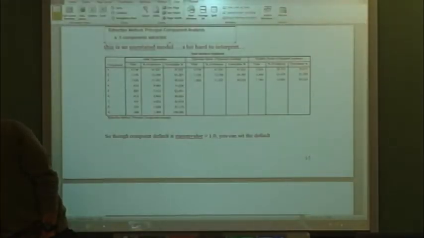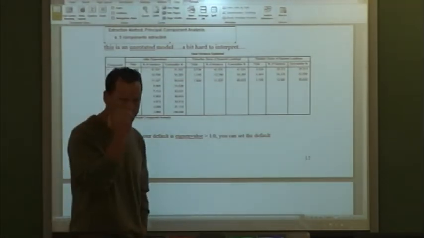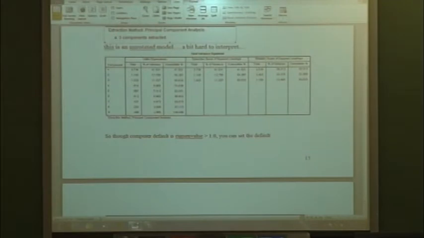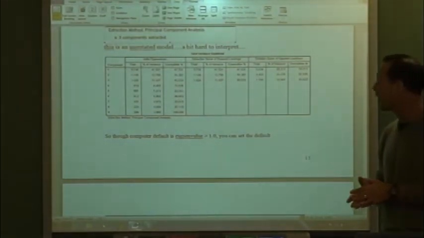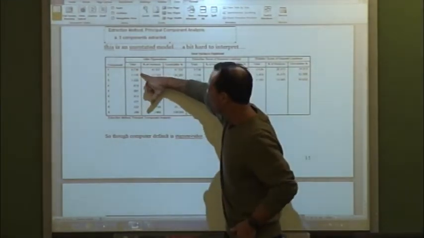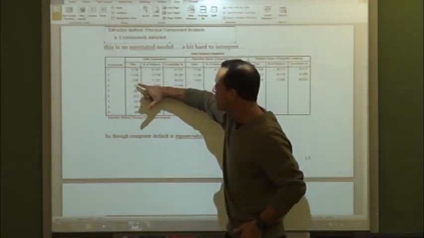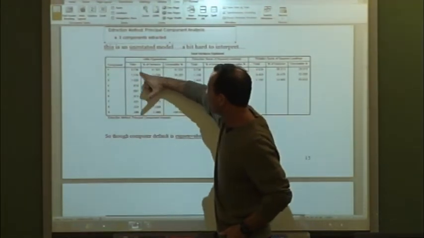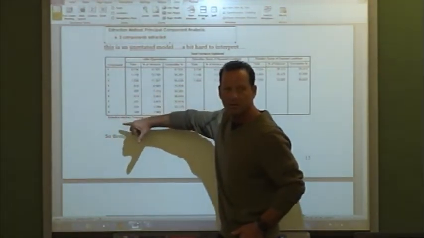The reason it's an eigenvalue of 1.0 is, if you have 9 items, you're soon going to see that the sum of the eigenvalues will generally equal 9. In other words, I bet you, if you added all these up, 3.7, 1.1, 1.02, all the way down to 0.26, guess what that's going to equal? 9.